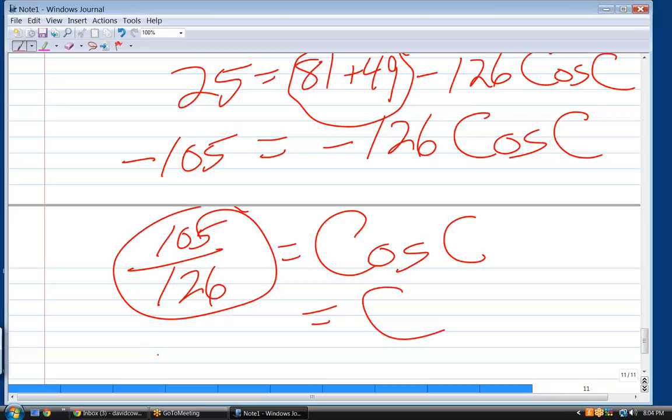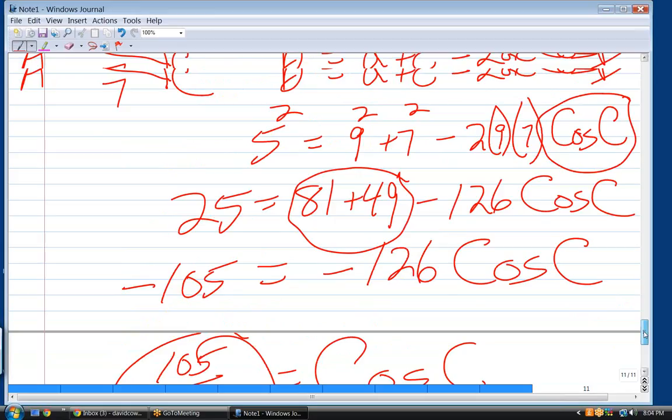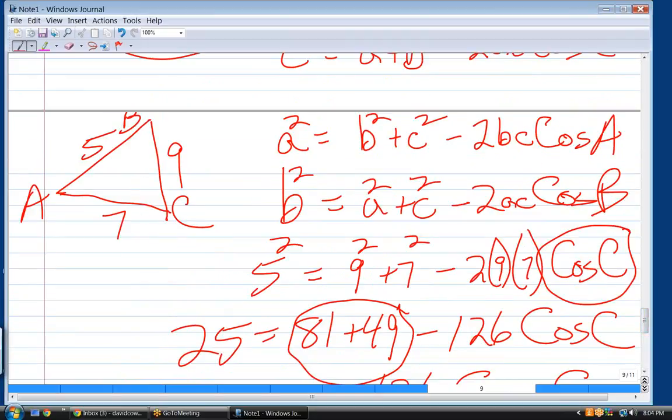Just take the inverse cosine of that. Yes. Okay. That gives me one angle. Let's say that angle comes out to be 50 degrees. Would I need to be in degree mode for that to work?